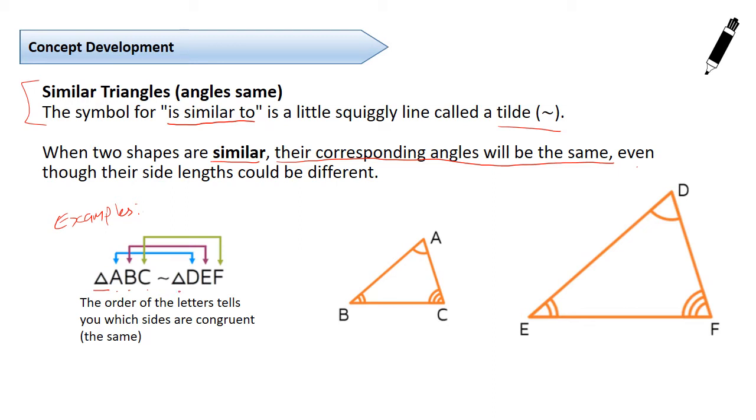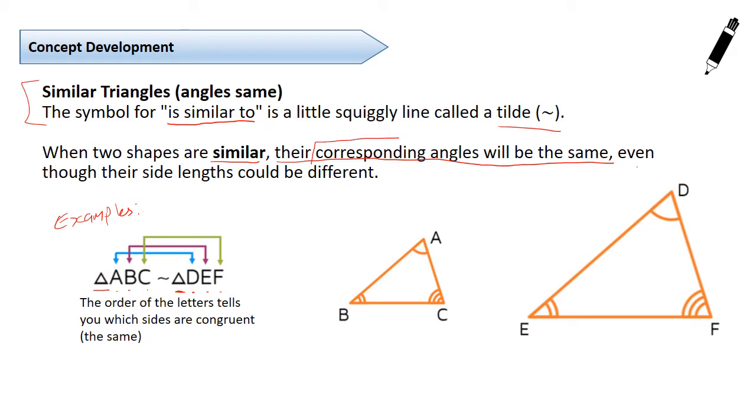It's similar to triangle DEF, defined by the points D, E, and F, which is, of course, this triangle over here, because it is defined by the 3 points, point D, point E, and point F. So they're similar. Let's have a real quick look at why they are similar.